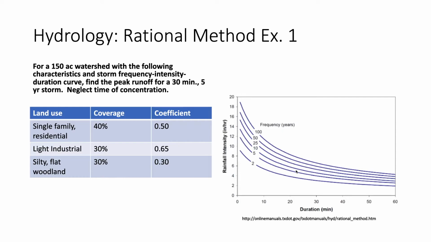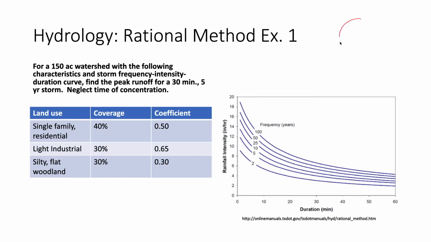Now, why did I throw that in there? Time of concentration has to do, again, very brief description that's not really doing it justice, with the amount of time it takes for the entire watershed to contribute to a drainage area. So, for example, can I draw? Let's find out.